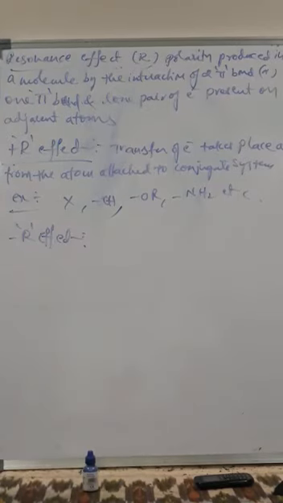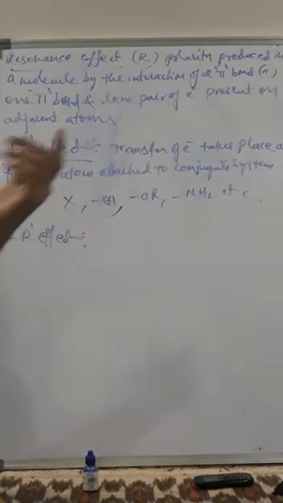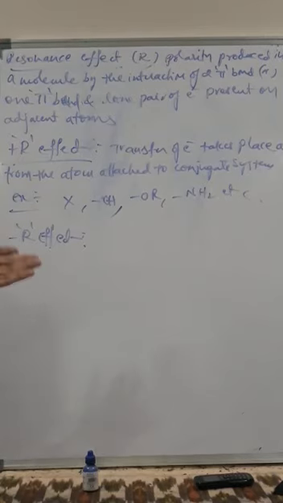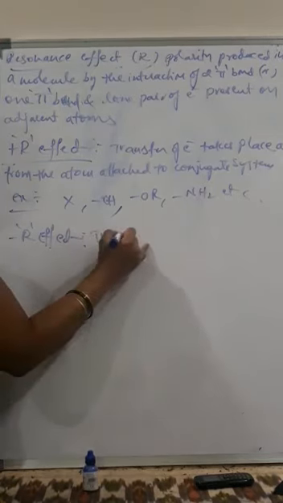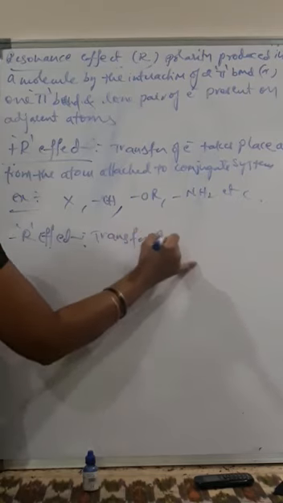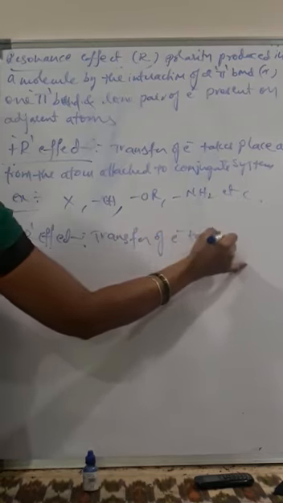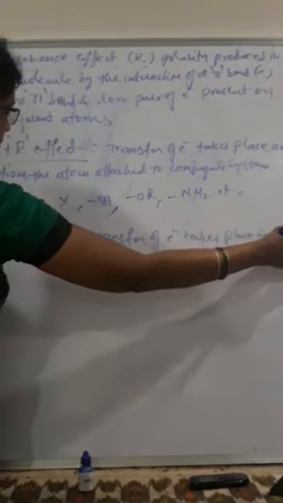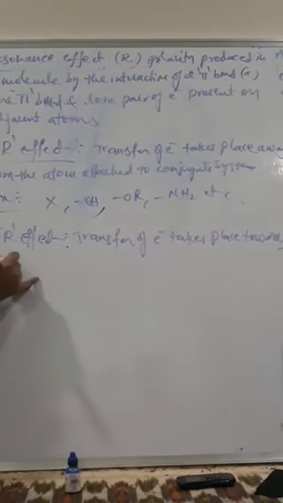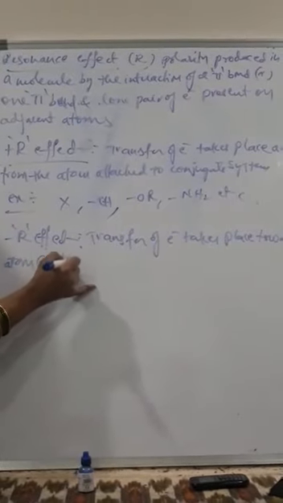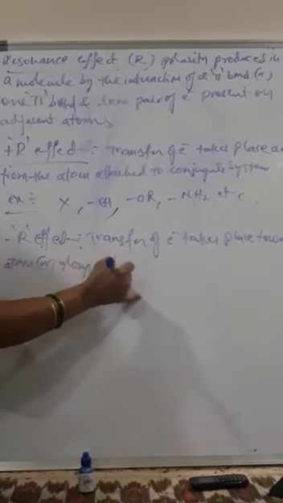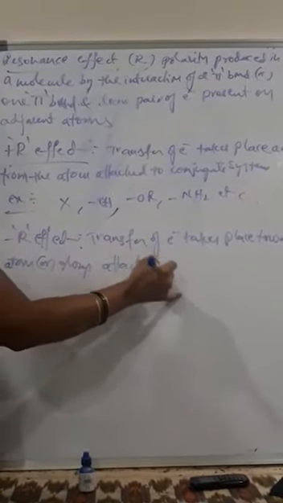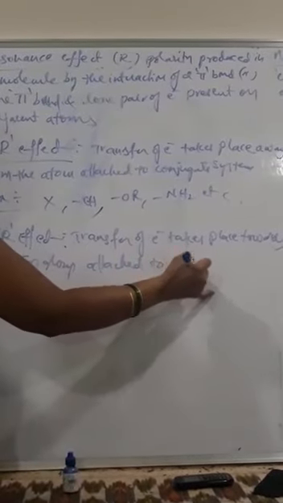Next, minus R effect. Transfer of electrons takes place towards the atom or group attached to the conjugate system.